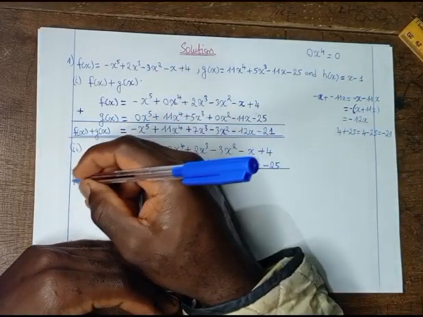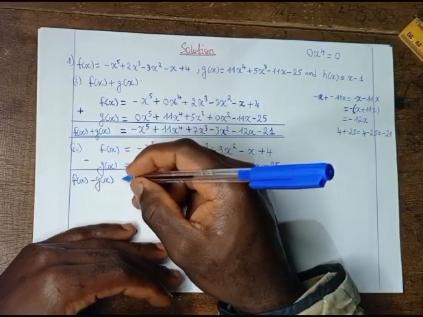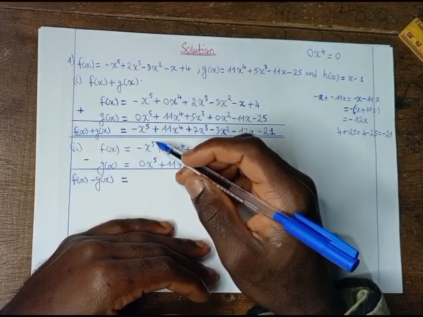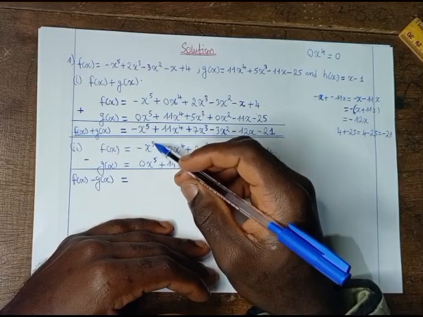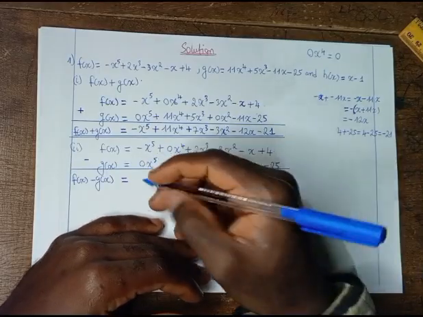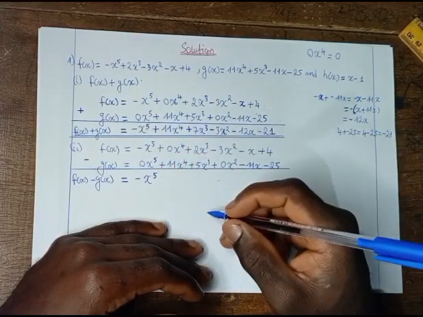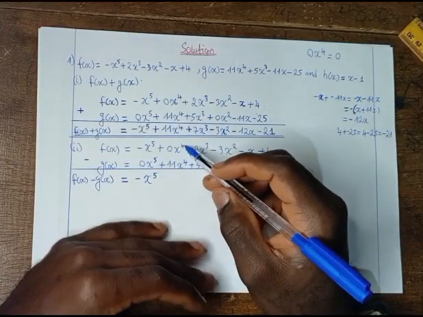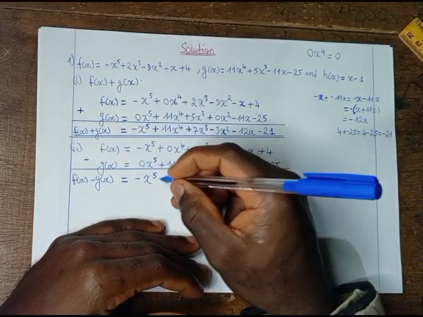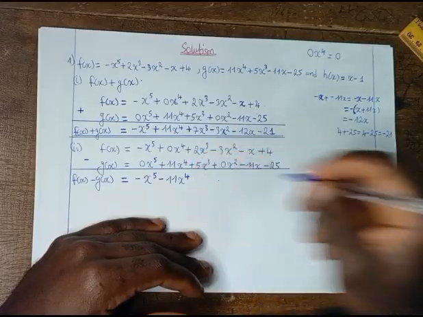At the left hand side, we are going to write f of x minus g of x. It will simply be equal to, now if we take negative x to the power 5 minus 0x to the power 5, this will simply give us negative x to the power 5. 0x to the power 4 minus 11x to the power 4 will simply give us negative 11x to the power 4.